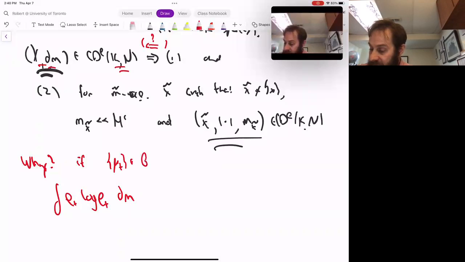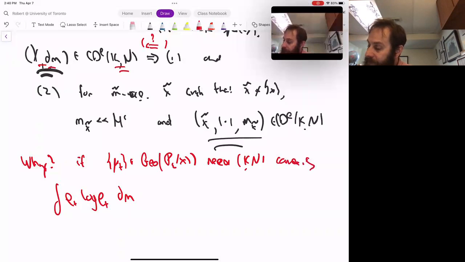So if this is a geodesic in the probability measures, we need K-N convexity, normalizing K by the length of this entropy.